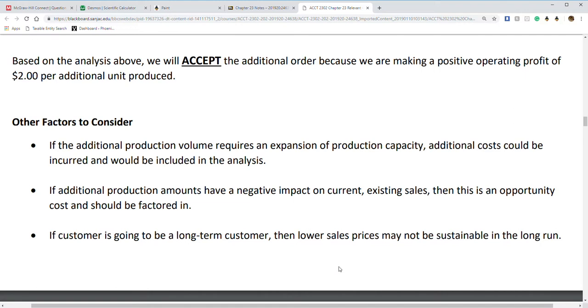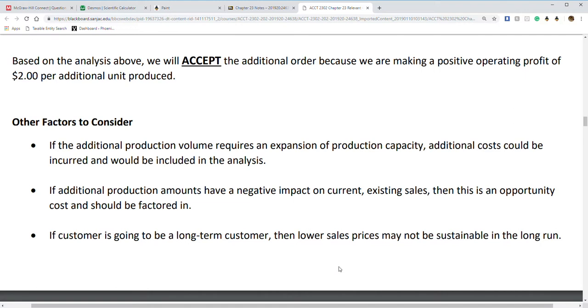It still makes us money, but there's other factors to consider. Like I said, that's the accounting side. Management has to think of other things too. So they're going to think of, well, if we do this product in volume, will it require an expansion of production capacity? Additional cost could be incurred to that. So we could have to expand the factory.